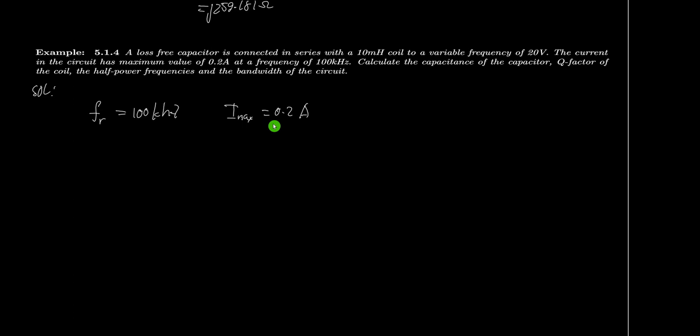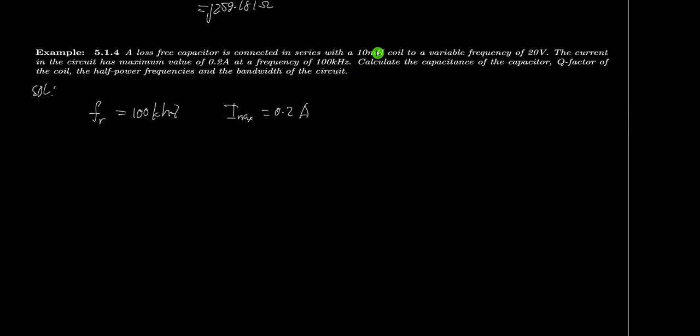So in that case, a loss-free capacitor is connected with a 10 millihenry coil with a variable frequency of 20 volts. So now there's a tricky part here. We have a current of 0.2 amps, and we have a coil, and the problem says it's a 10 millihenry coil. It does not specify the resistance of the coil.